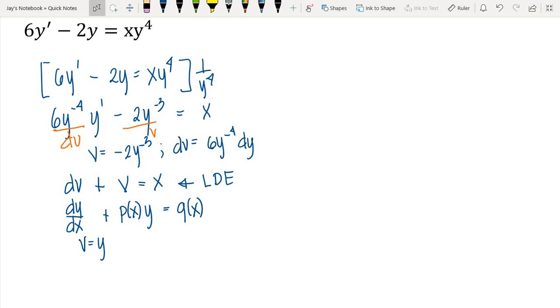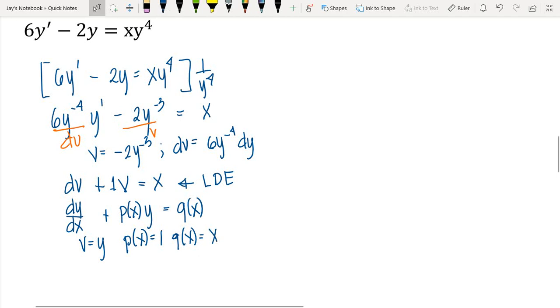So in this case, our P(x) is equal to 1, since we have a coefficient of 1 at this side, and then our Q(x) is equal to x alone.